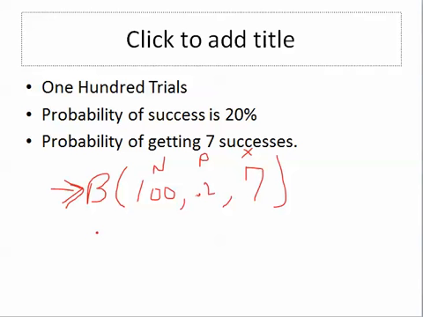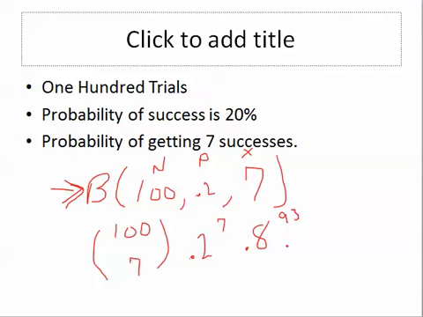Now the other way that you can write this is with that nomenclature like this: 100 trials, and you're looking for 7 successes, 0.2 raised to the 7th power, and 0.8, which is 1 minus 0.2, raised to the 93rd power.